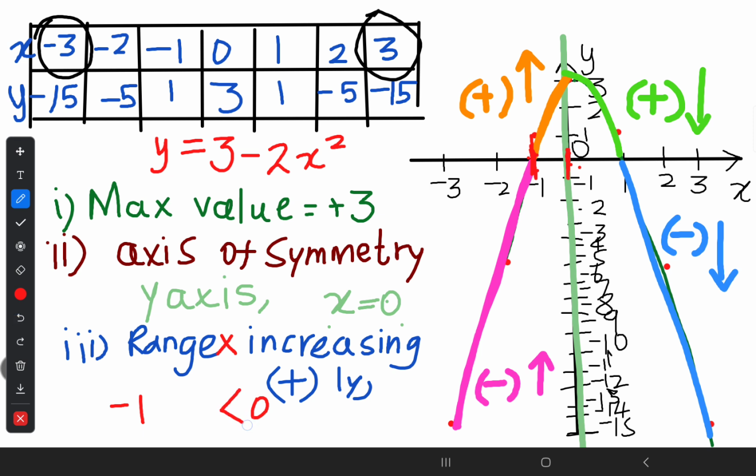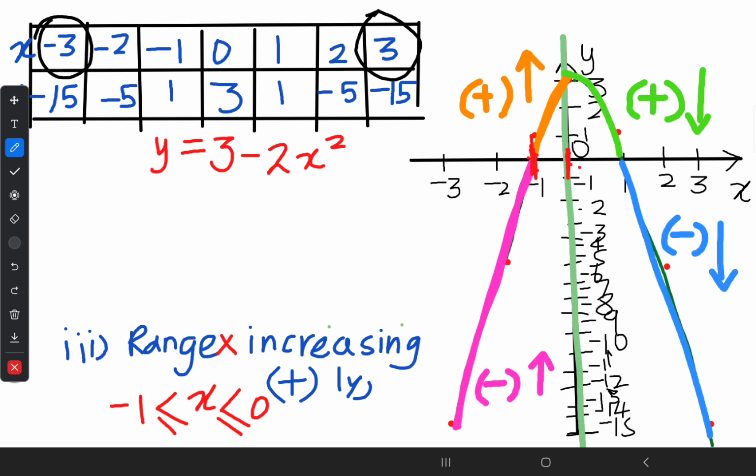Accordingly, you should plan your inequality. It holds -1 and 0 as well. Here it has a 0 coordinate as well. So you should put the equal mark in the x range. This is the way you should find the required x range when the function is increasing positively.